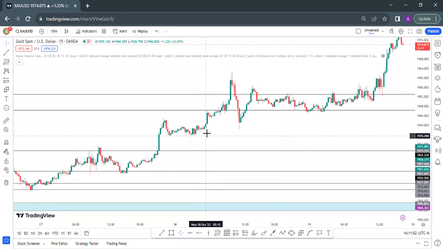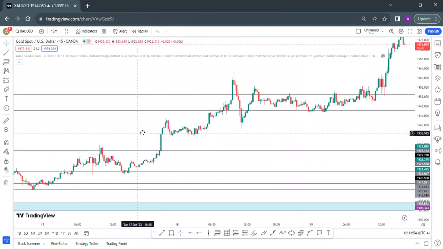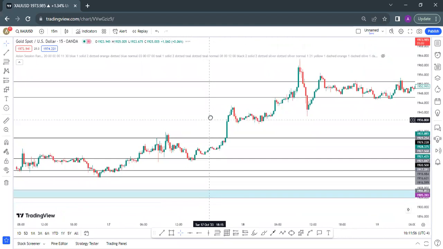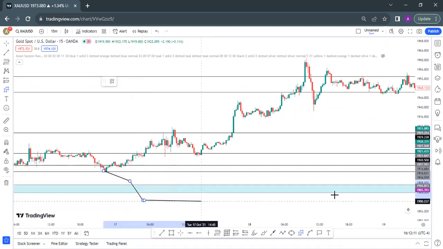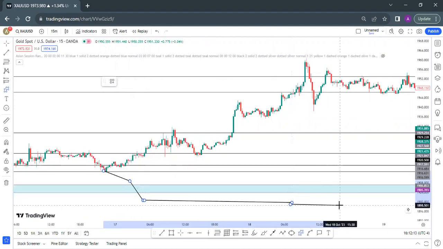For instance, let me see if I can get a vivid example of that. Good, somewhere here. So you see market did something like this. Let me increase the chart so that you can see it well.